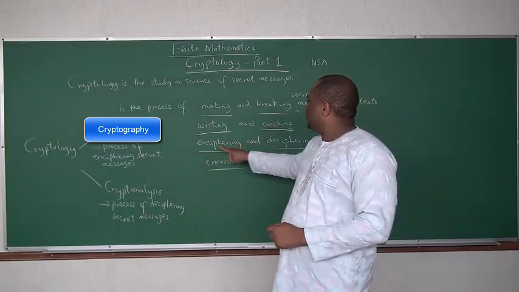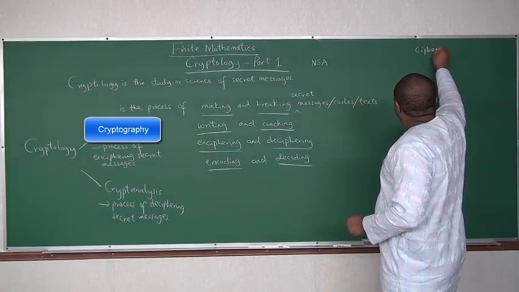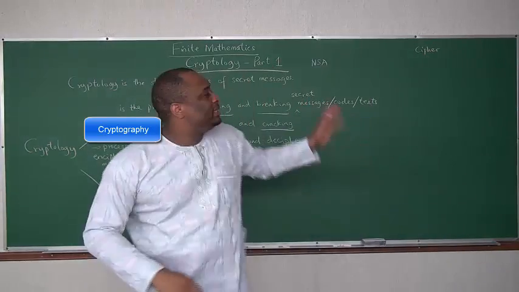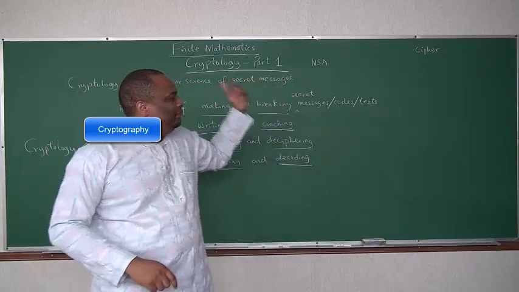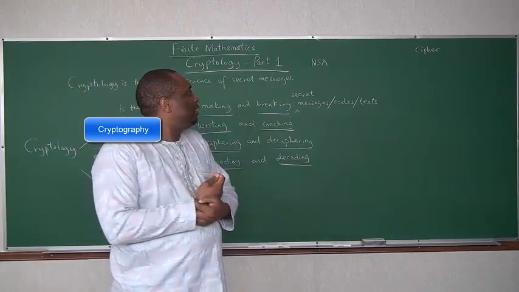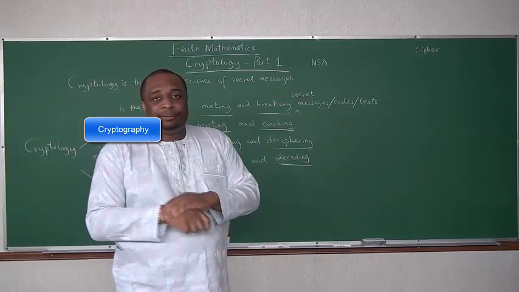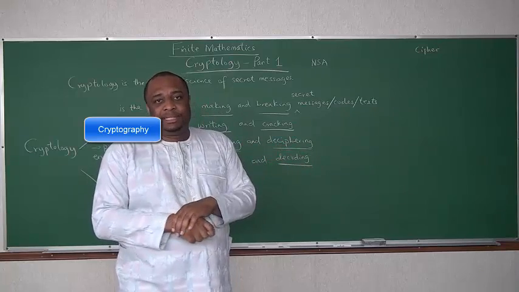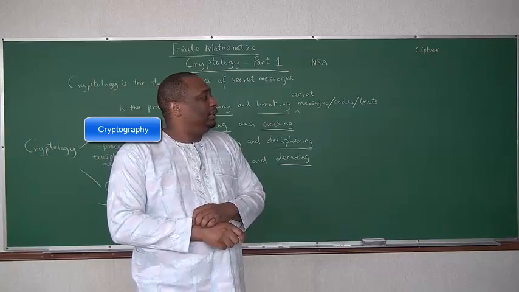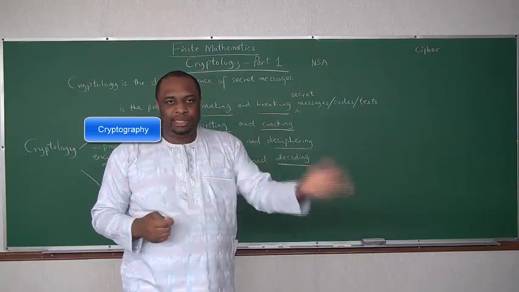When you talk of a cipher, and ciphering and deciphering, this was used by early folks, notably the Persians. This is a system of secret messages based upon a key, so it has a key to decipher or decode the message.